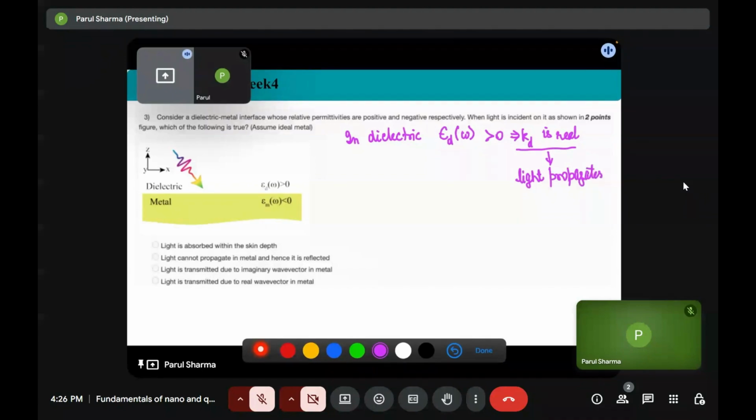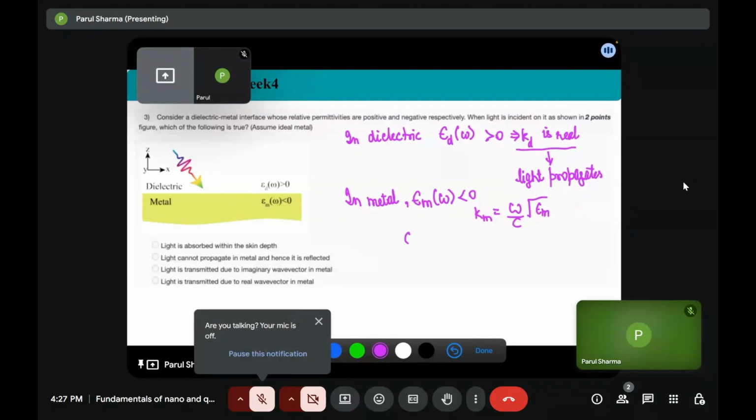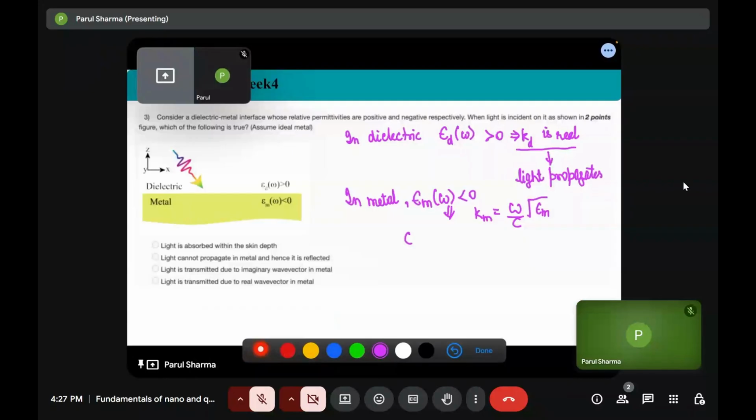But in the metal, the light is propagated from the dielectric to the metal, and epsilon m as a function of omega is less than 0. So what is our dispersion relation? Km is equal to omega by c times the square root of epsilon m. So we know that epsilon is negative, so our wave vector Km is imaginary.